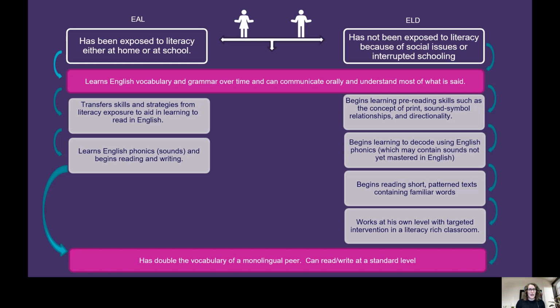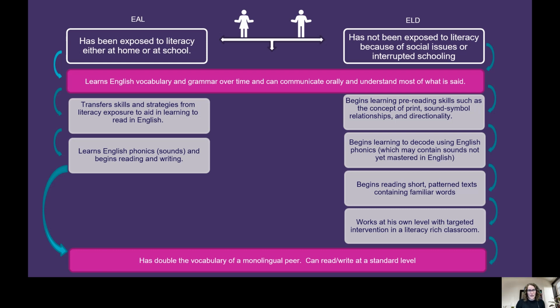So back to our chart, our EAL student can just transfer all of those skills and strategies that we already talked about in the first section. They know about directionality. They know that a symbol makes a sound. They know how to hold a book. They know how to use those pre-reading skills from their first language, even if they're a little bit different, and they just transfer them over.